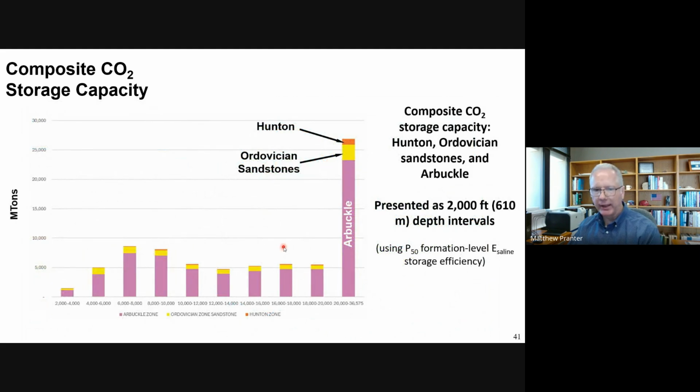And then looking at that same information, that composite CO2 storage capacity, in terms of a bar graph, this shows those different 2,000-foot thick intervals broken out. This is in millions of metric tons, or 5 gigatons, 10 gigatons, 15 gigatons.